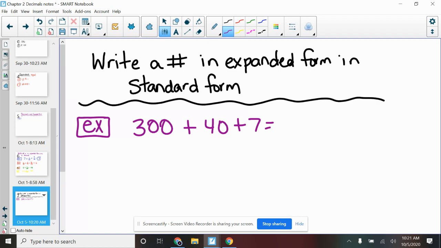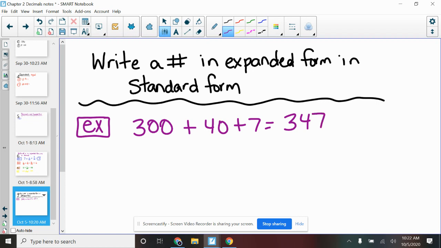I have taken each digit's value and added it to each other. And I want you to show me what that looks like as a standard form number. What would you do, James? You would have the 3 in the 100th place, the 4 in the 10th place, and the 7 in the 1. Perfect. That's all you would do.